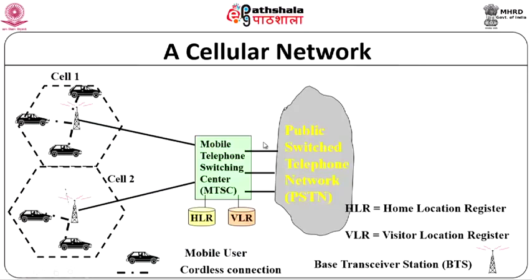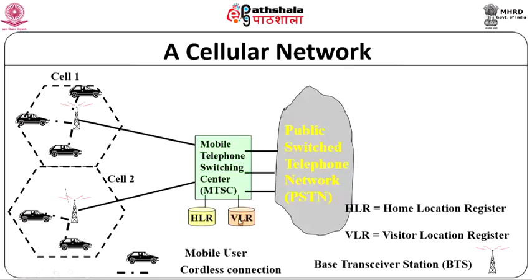So, the overall cellular network structure would look like this. You have these cells, you can see that the area is divided into cells. There is a central base station. The different devices could talk to that base station using a wireless network, right? It is a cordless connection that you have. And these base stations are connected to a mobile telephone switching center, which is called the MTSC.